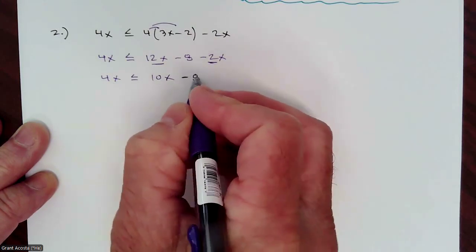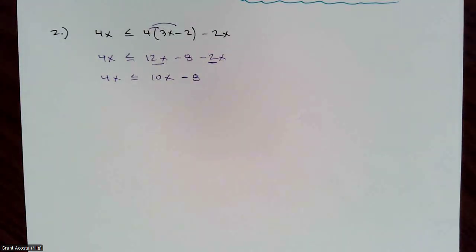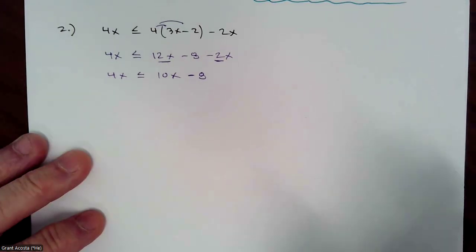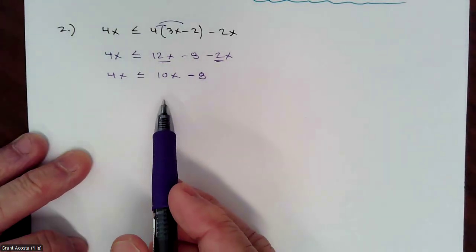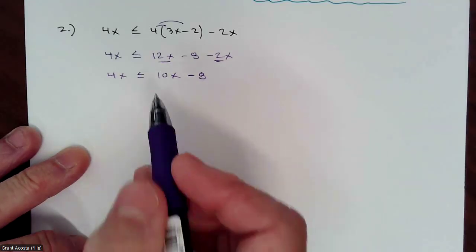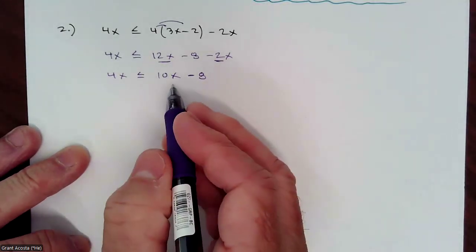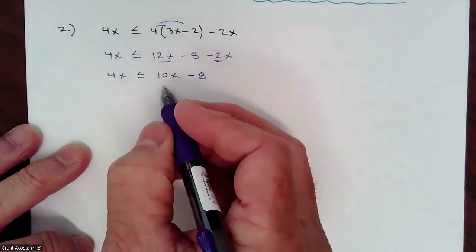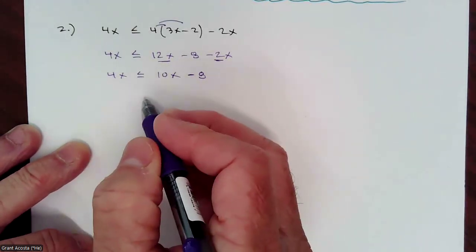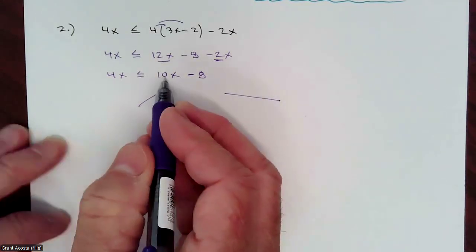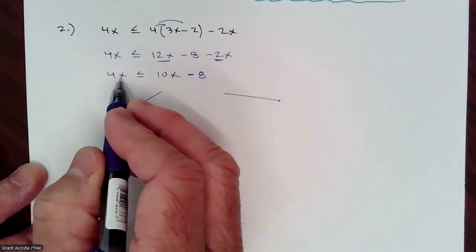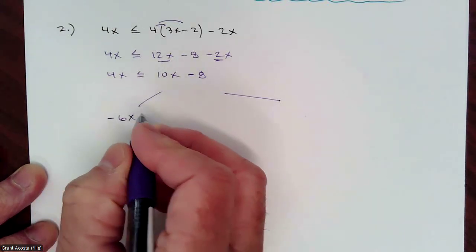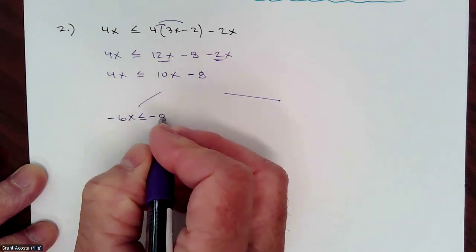Now, I want to show you there's kind of two ways to go about solving this from here. And one way I would highly recommend, but a lot of times we get used to, like, we always have to have x on the left side. And if I force myself to do that, so I'm going to show you two ways here. We'll go this way and this way. If I subtract 10x to both sides, that's going to leave me with negative 6x less than or equal to negative 8.